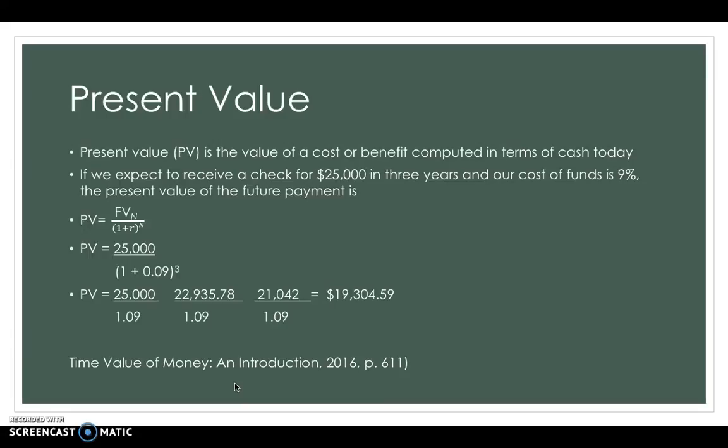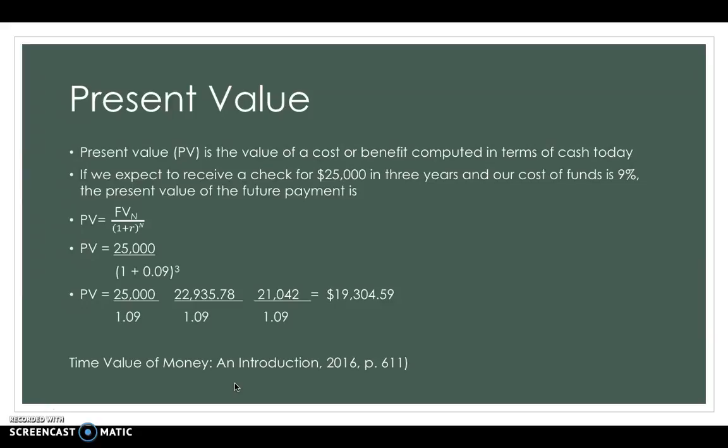If we expect to receive a check for $25,000 in 3 years and our cost of funds is 9%, the present value of the future payment would go like this. The present value equals the future value over 1 plus R to the power of the number of years.